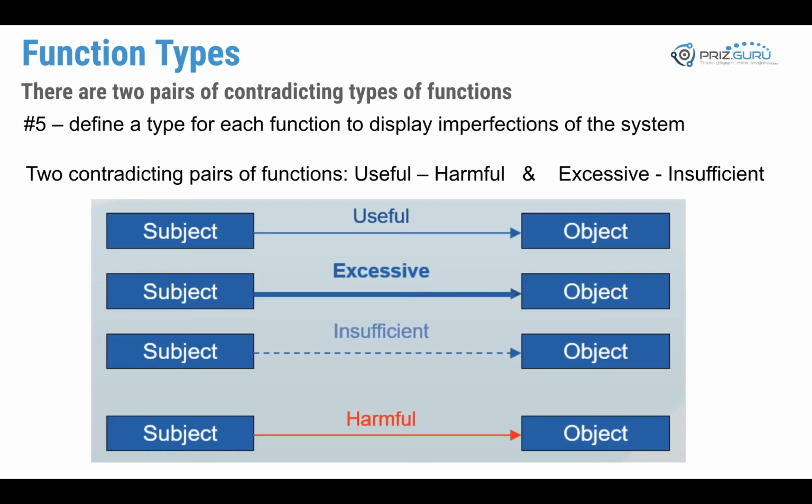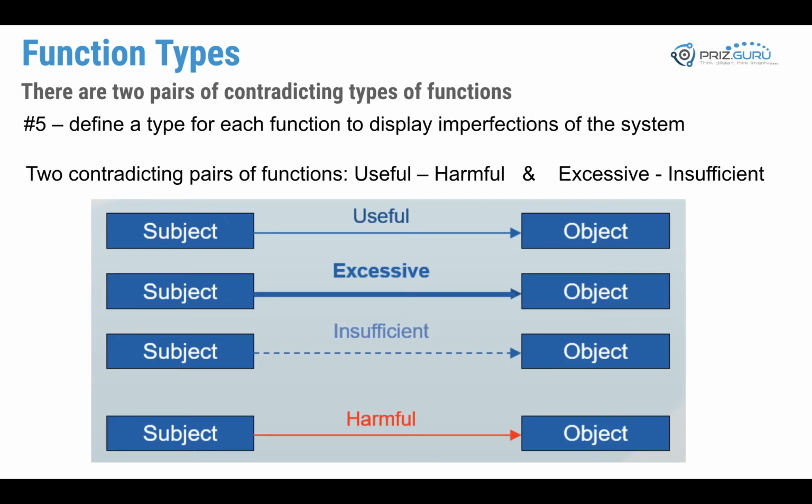Okay, there are also useful-ish functions that are called excessive and insufficient. For example, let's take the same engine. It spins the wheels, but it does it too fast for whatever reason that we don't know. That would be excessive. So it works.